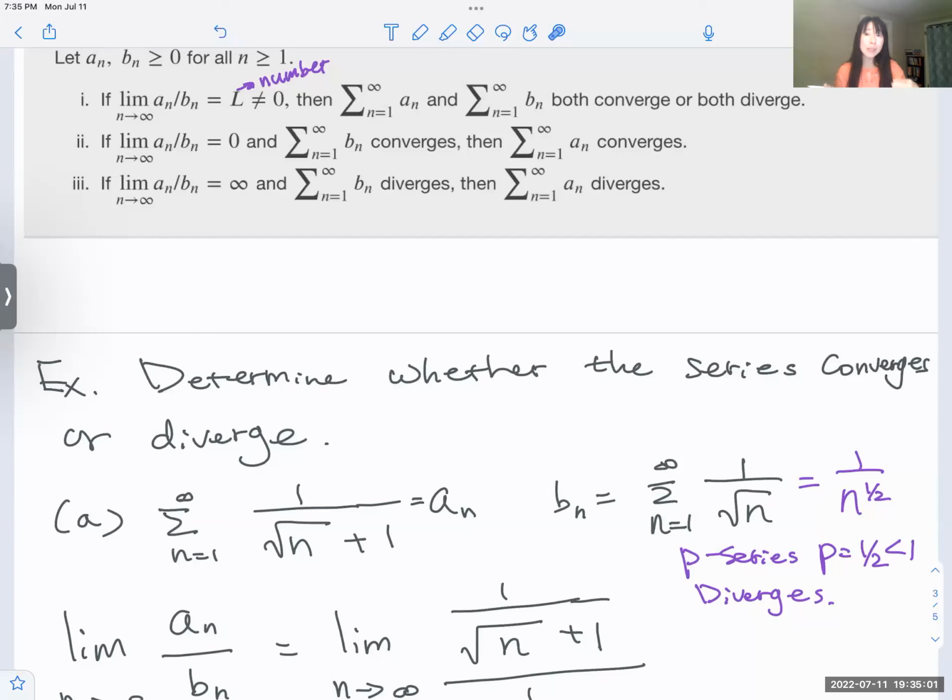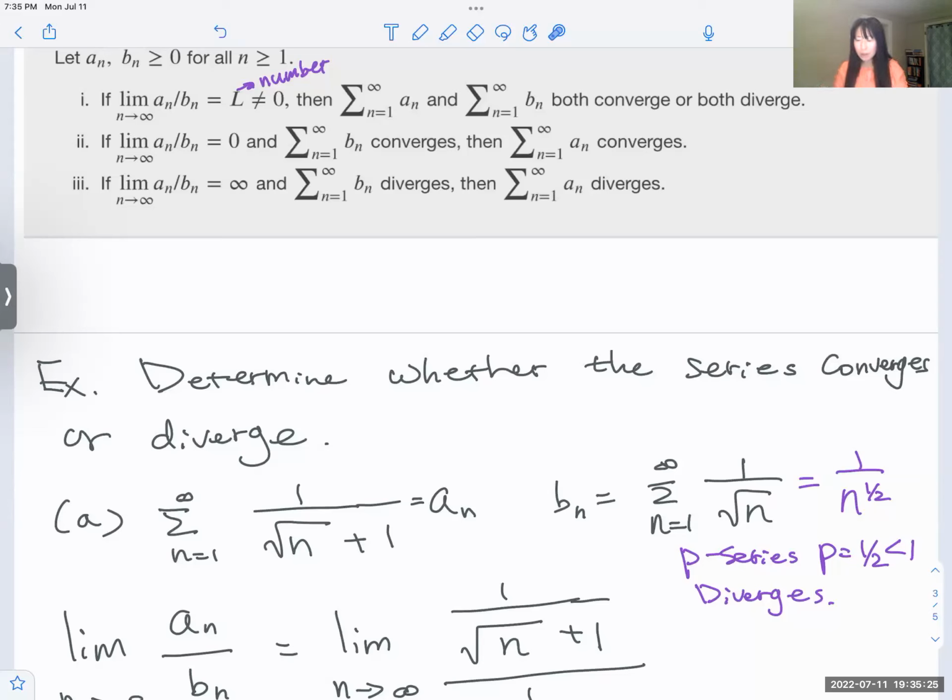Now, the limit comparison test. We create B sub n the same as in the comparison test, but B sub n does not have to be bigger than the A sub n series. We take the limit when n approaches positive infinity of A sub n divided by B sub n.